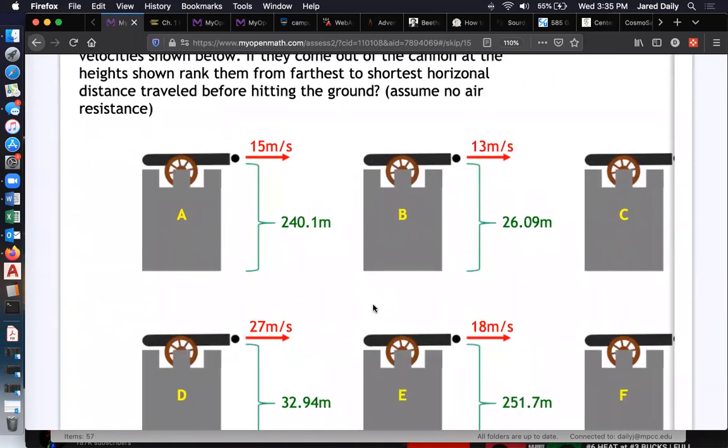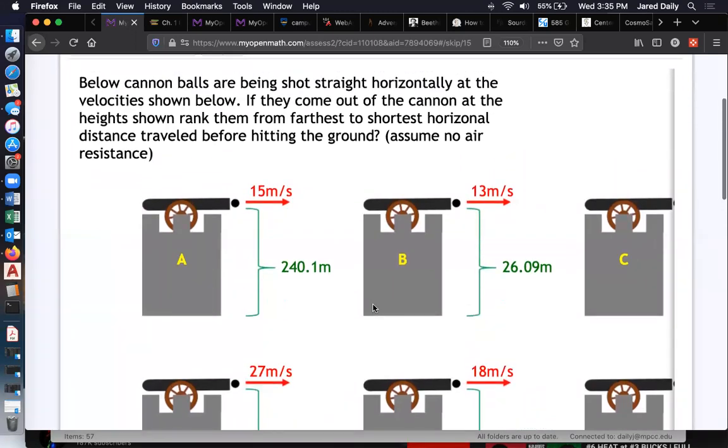So in this problem, they want to know, we're going to rank these cannons from farthest to shortest horizontal distance traveled before hitting the ground. And the best way to do this problem is to solve for the horizontal distance as a function of the height and a function of the initial velocity.